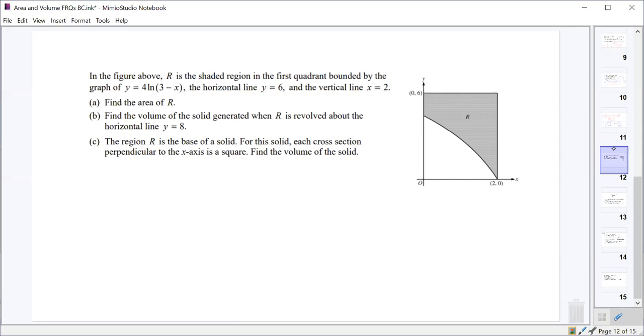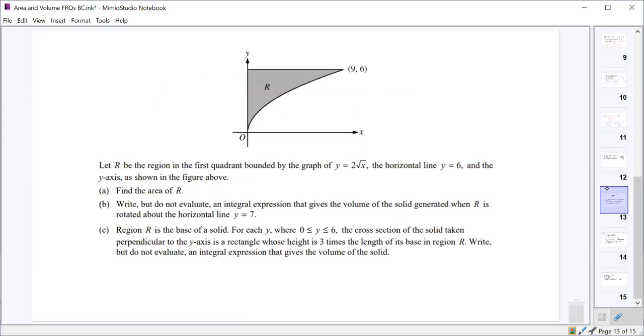Did you guys find exact values on this? Could have, but would have been a pain. No questions on that one? Okay. And then this one also was a pretty straightforward AB type question.